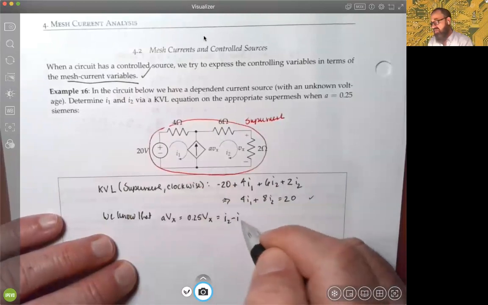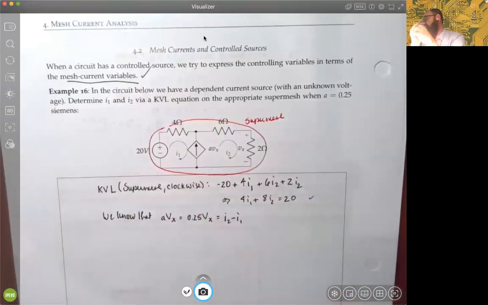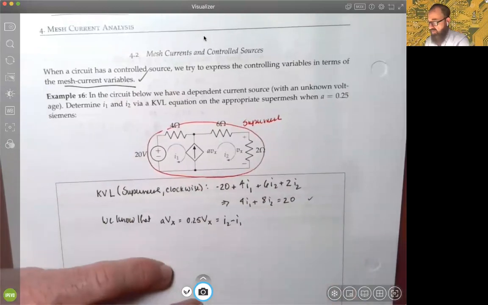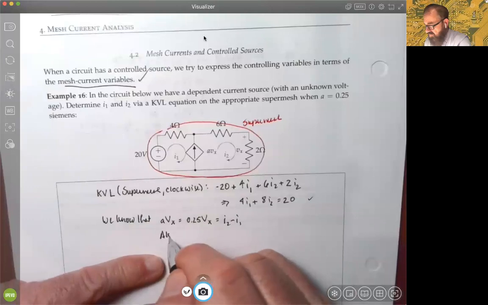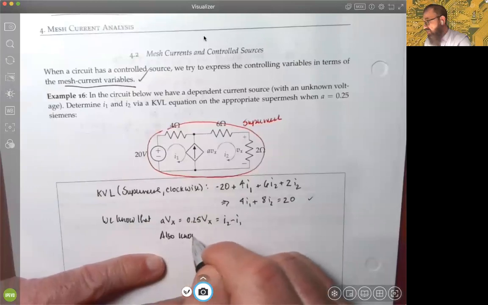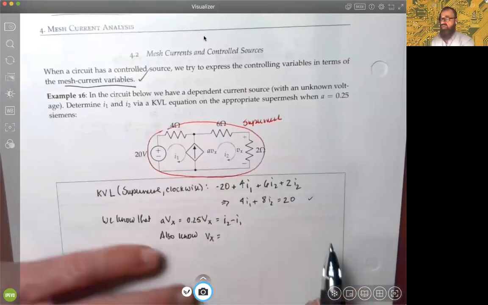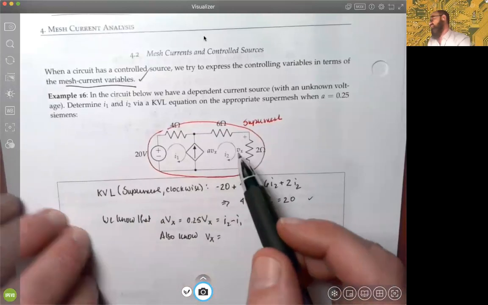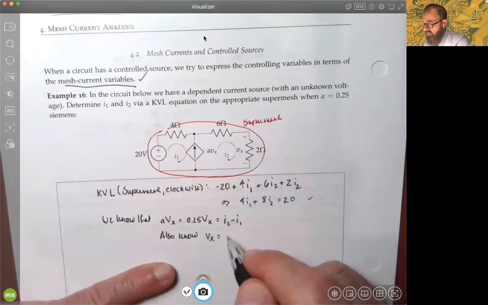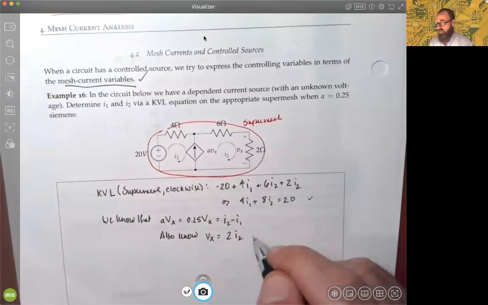So it really is that differential, based on how we define mesh currents, okay? We also know from Ohm's law that Vx has to be what? Well, from Ohm's law, that voltage over there through that 2 ohm resistance is going to have to be 2 times I2, isn't it? Yeah, well, that's just Ohm's law.